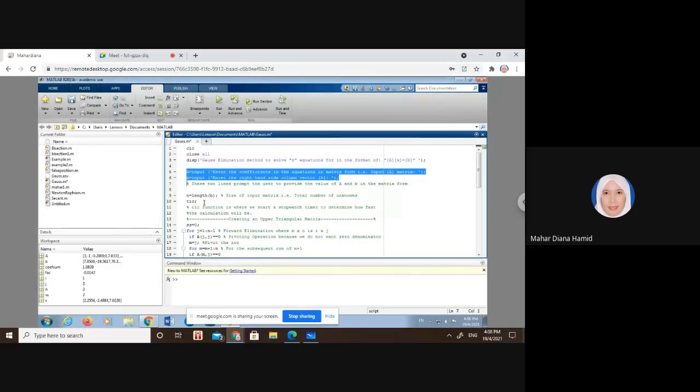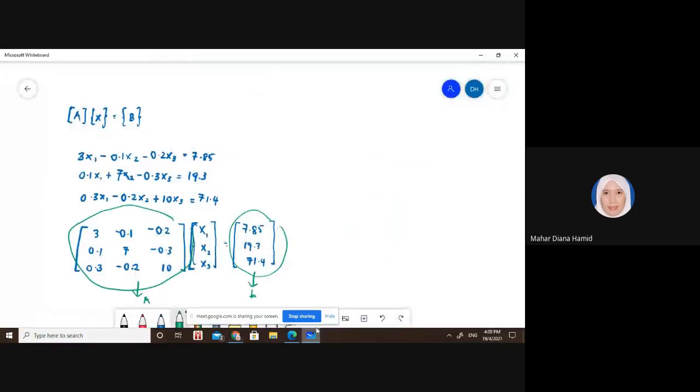And then you are going to specify that n is the length of B, which is the total number of unknowns, or the number of equations. Since we have 3 unknowns, we are going to have 3 equations. Therefore, n is equal to 3.